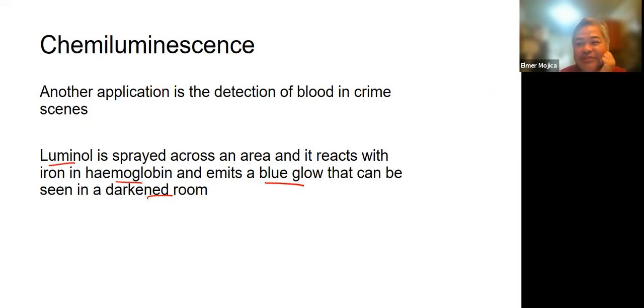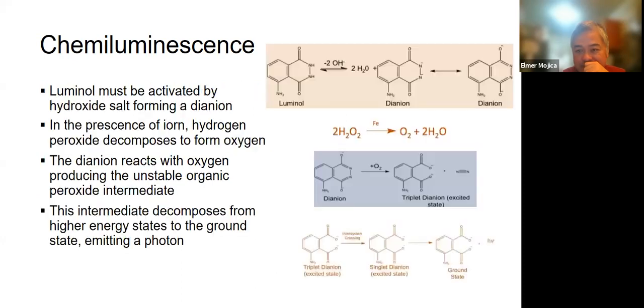Okay, so there's a CSI Vegas that you have there. But if you're going to look at here, they just turn off the light, they spray that luminol, and if there's some blood on it, okay, it will give you a blue glow. So that's the principle that you have here. So if you're going to look at the chemical reaction that happened there, ito yun nangyayari.